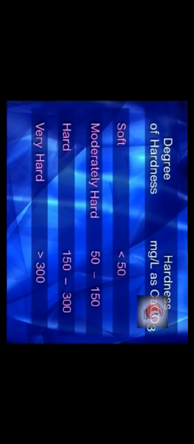The formula used is depending on hardness value, water may be described as soft, moderately hard, hard and very hard.